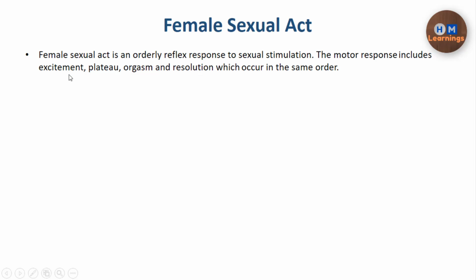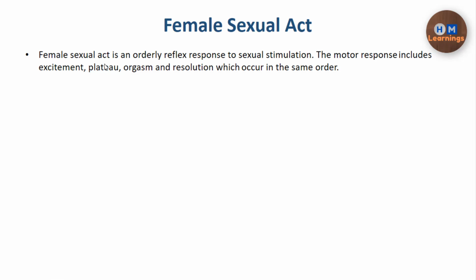So there are four motor responses which occur in an order in response to the sexual stimulation. Excitement is initiated by the sexual stimulation, then the motor response happening during the excitement phase acts as a stimulation for the next motor response, plateau.